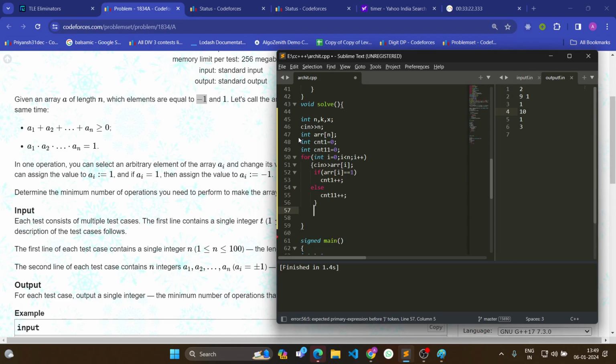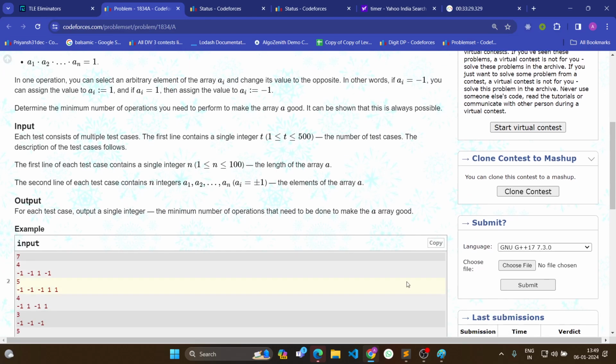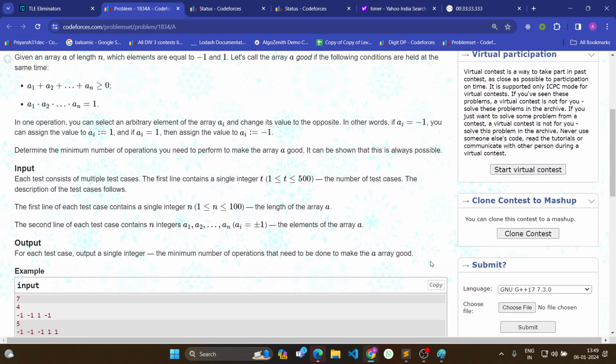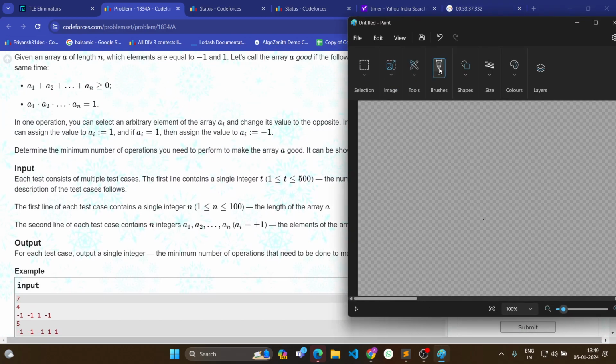Now I need to find the minimum number of operations to make the array A good. I have done this problem before, but I don't remember the solution. Anyway, I have to come up with a solution.